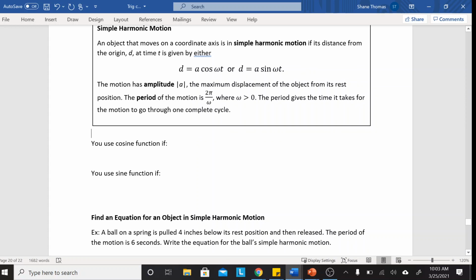Okay, so you're going to use cosine function if you start by resting at an extreme value, and you're going to use sine if you start by resting at the origin.